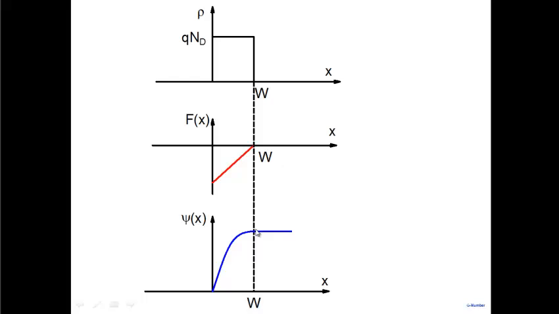Okay. Note that instead of doing equations, once you know that the charge density looks like this, we could have figured these out by simply doing the following. We can write this same equation as del F by del x equal to rho by epsilon_S, where F is the electric field. So if you know the charge density, how do you get the electric field? Simply by taking the area. You can do it graphically also.